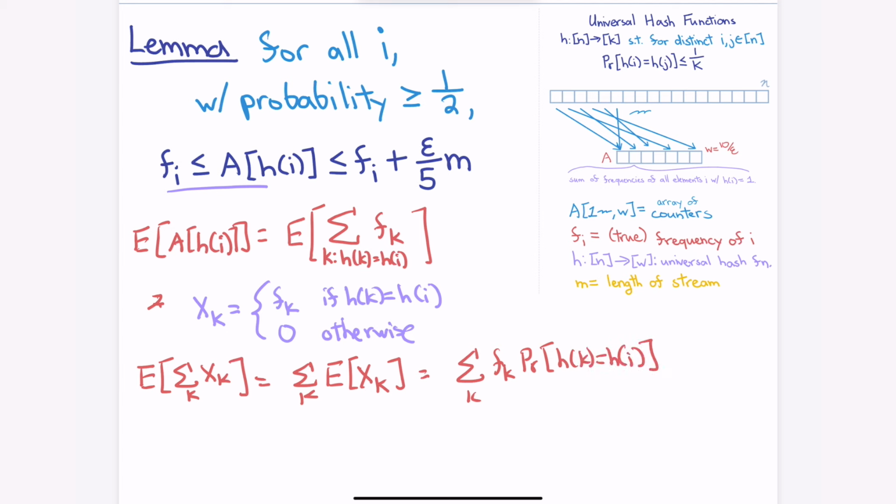Good, perfect. So now what is this? We're summing over all the elements. For each one, with some probability they collide, and you get the count. So now what do we do here?